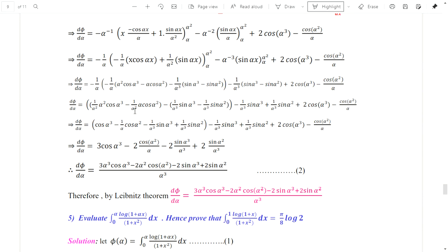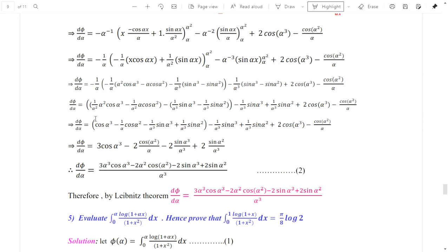So minus 1 by alpha squared into cos alpha squared, minus 1 by alpha cube into sin alpha cube, and minus 1 by alpha cube into sin alpha squared minus 1 by alpha cube into sin alpha cube, minus into minus becomes plus 1 by alpha cube into sin alpha squared, plus 2 cos alpha cube minus cos of alpha squared by alpha. Now let us do still more simplification to this.